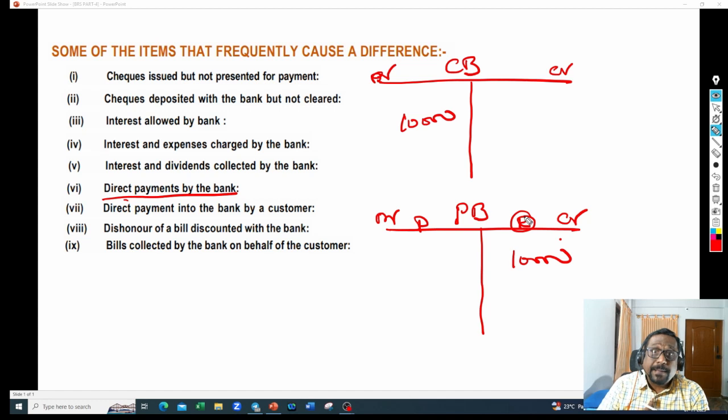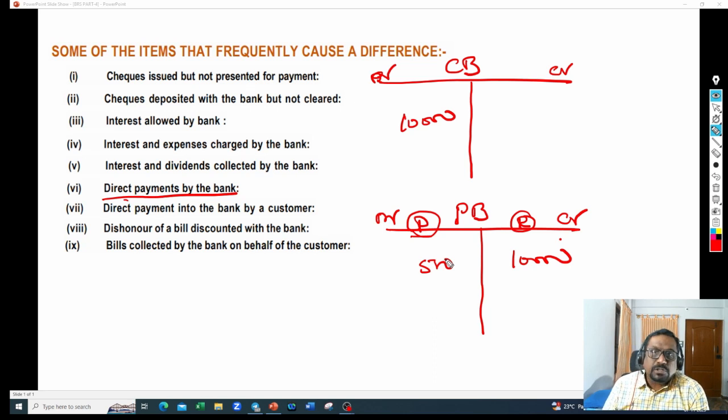So it is a payment for us, but the payment was made by the banker on behalf of us. So the banker will record it on the payment side in our account. Payment side is here. Let us say they made a 500 rupees payment. So it was recorded in the passbook because the payment was made directly by the banker. That communication should have been given to us, but was not given.